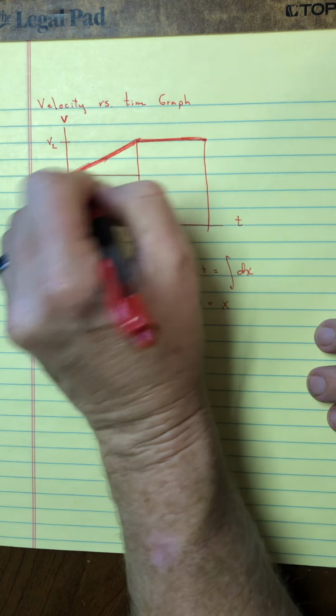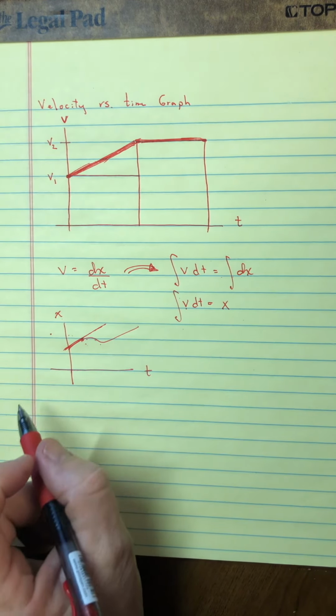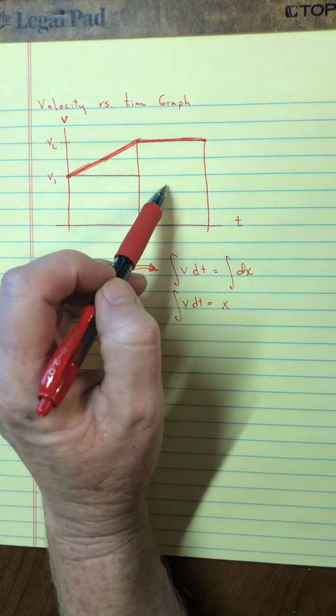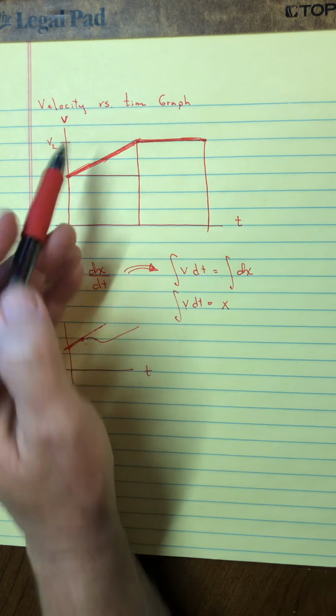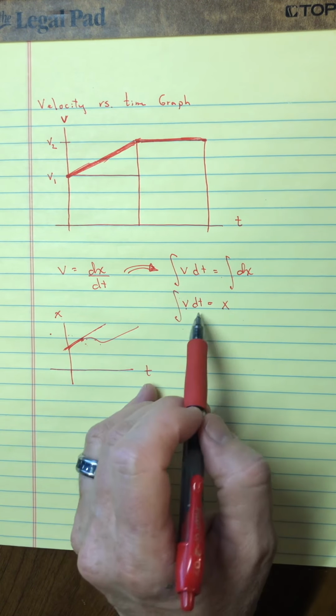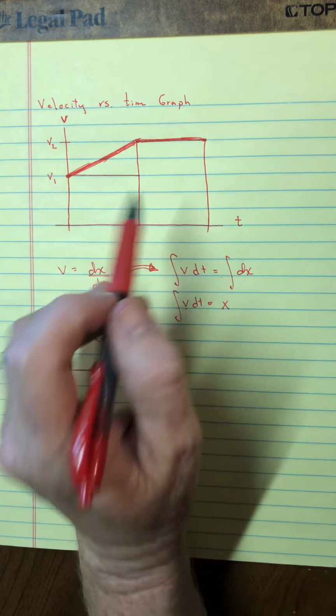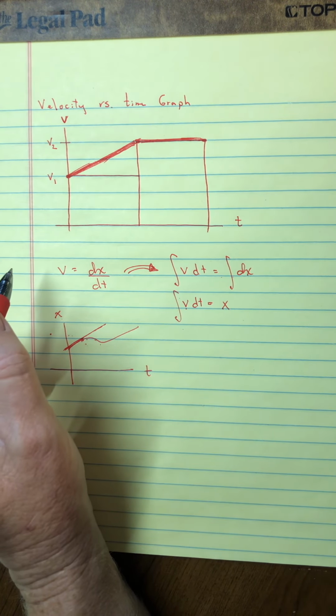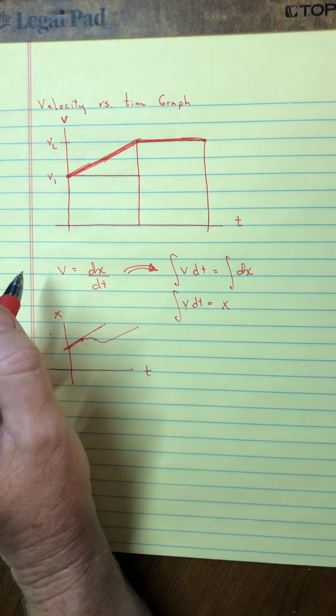By making down here a rectangle and another rectangle and a triangle, we know that this area under here is the total distance that she moves. And that's really the key to this problem.